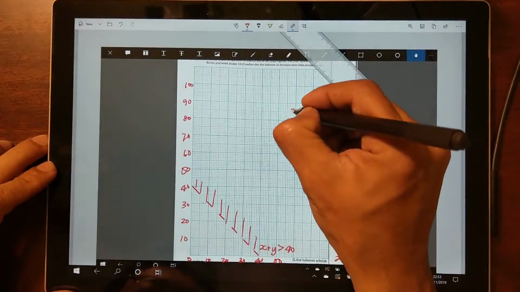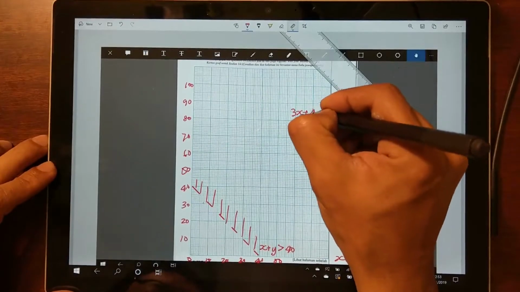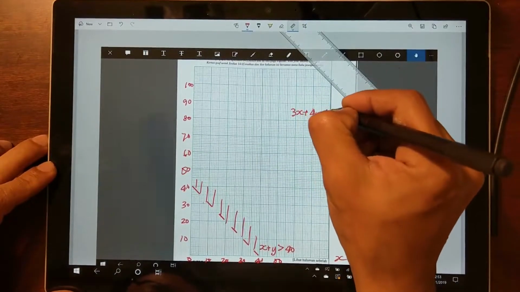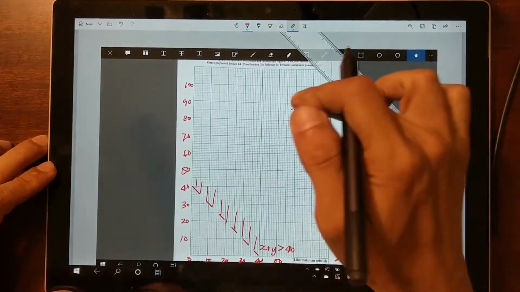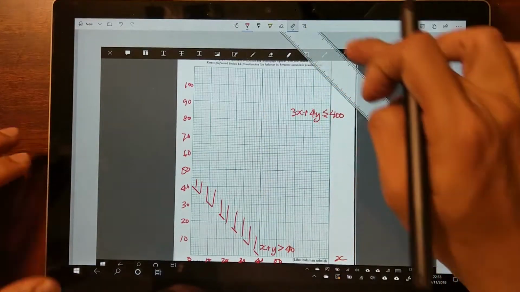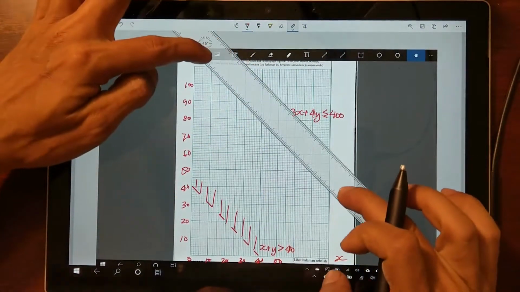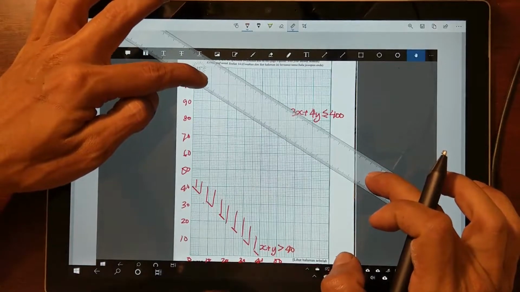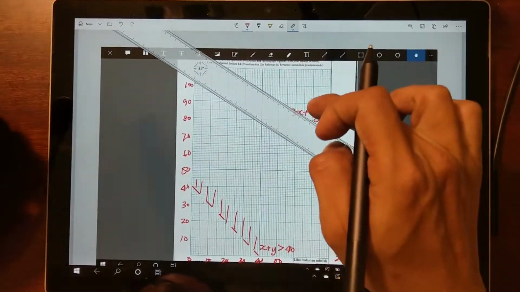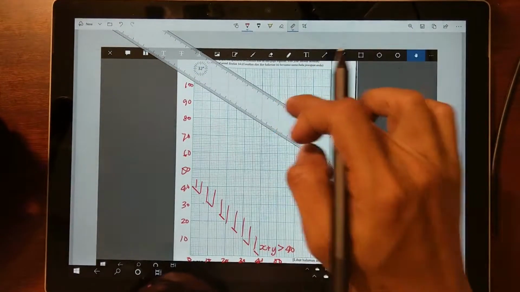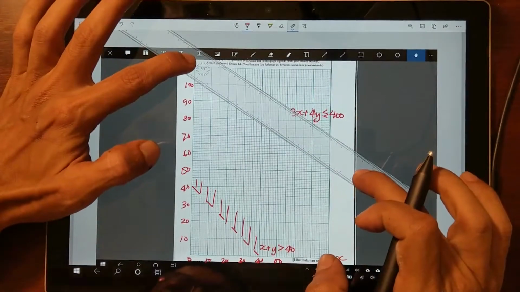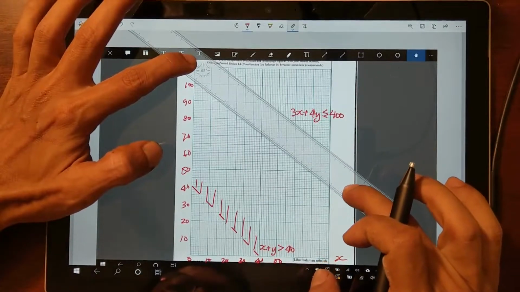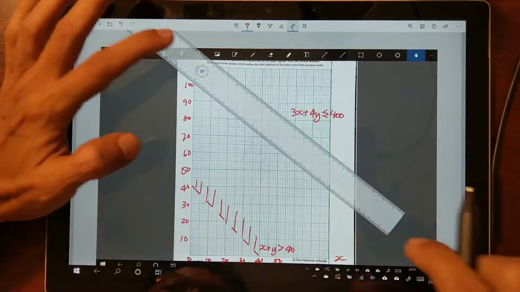And your second inequality was 3x plus 4y less than or equal to 400. Again, substituting 0 for x gives y equals 100. It's pretty straightforward, and you've got an inclination of 4 to 3, so 4 boxes to 3 boxes right there. See that?